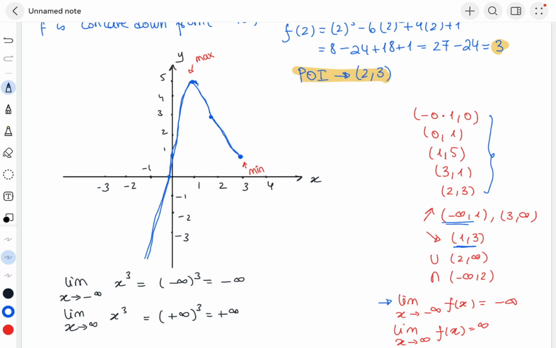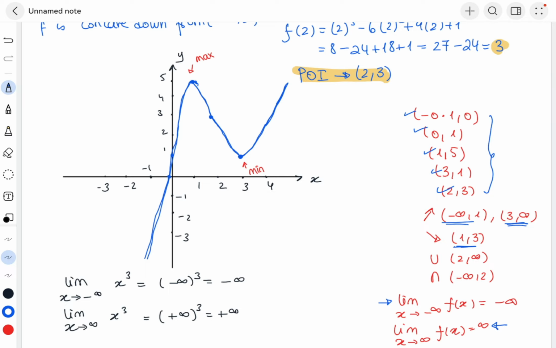So here it went down and it should pass through all the points. And after passing through our x-intercept and y-intercept and our maximum, minimum and point of inflection, now it will go back up from 3 to infinity. And this will be our graph.